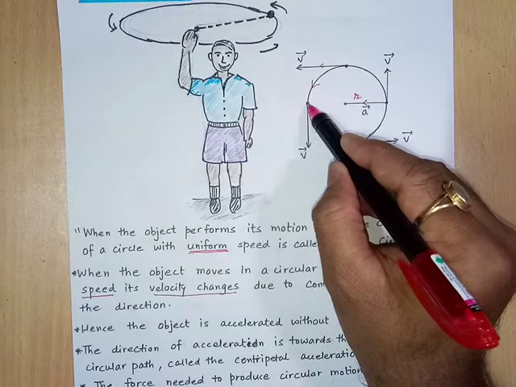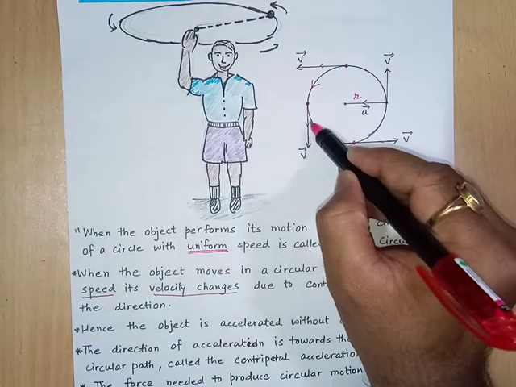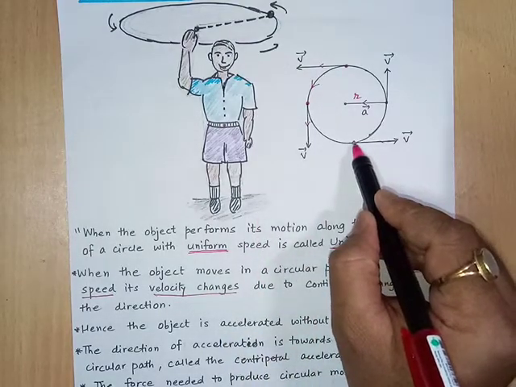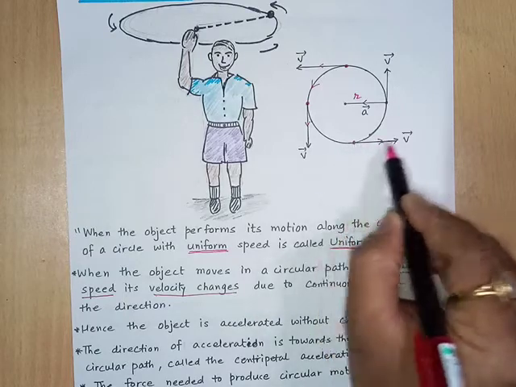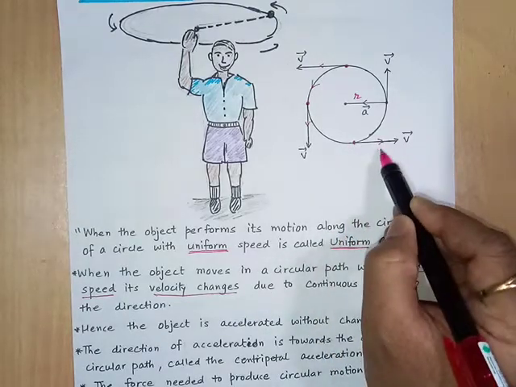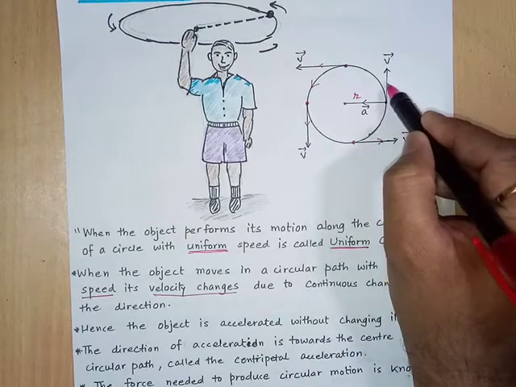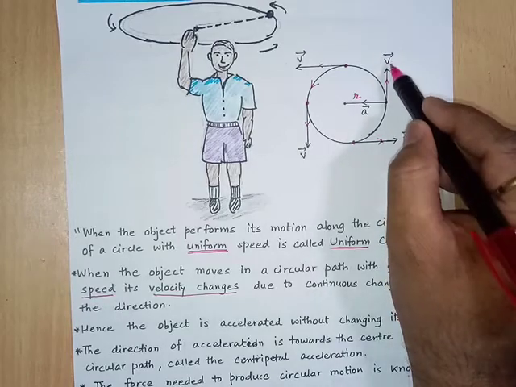If you consider the particle at this particular point, then the direction of the velocity is in this way. At this position, the direction will be the direction in which the tangent is drawn. This is the direction of the velocity. At this position of the particle, the direction of the velocity will be in the direction in which the tangent is drawn.